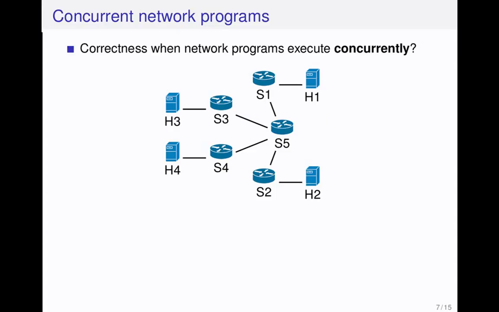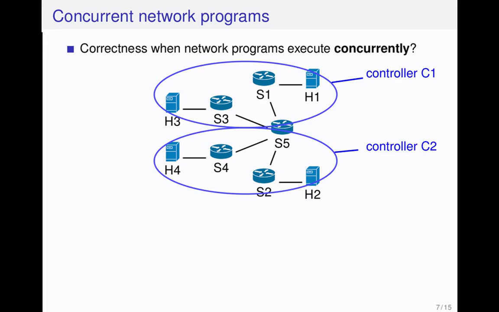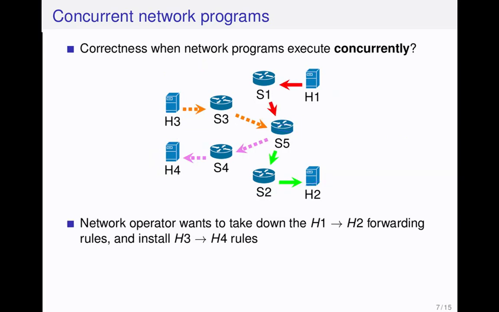Okay, so we talked about how to eliminate the first type of races. Now let's talk about the second type of races. Let's look at an example where you have a network that is now being managed by two controllers: the top of the network by controller 1, and the bottom by controller 2. Let's say the configuration, or the global forwarding rules, look like this.